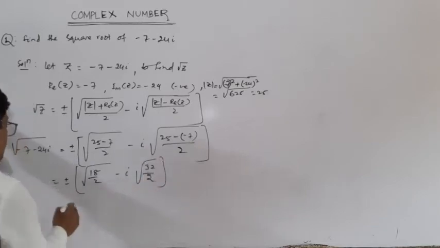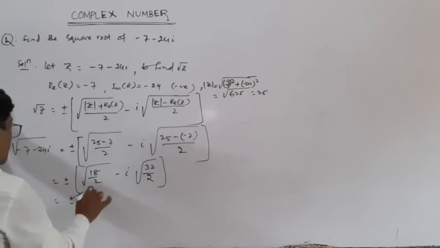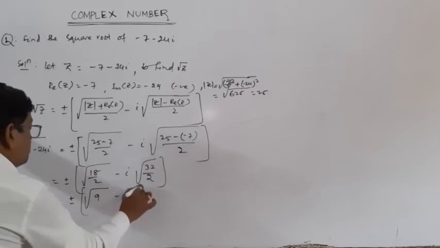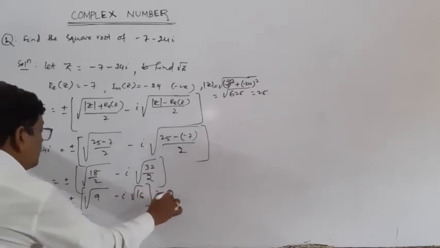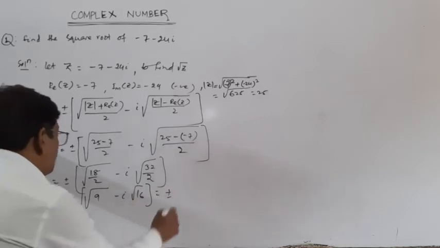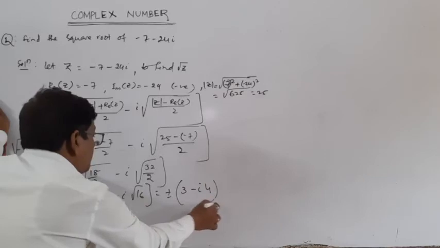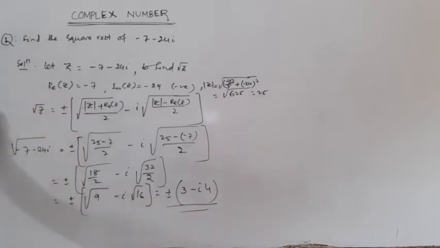So this is root over 9 plus or minus i into root over 16. So the answer is plus or minus 3 minus i into 4. This is the square root of the complex number.